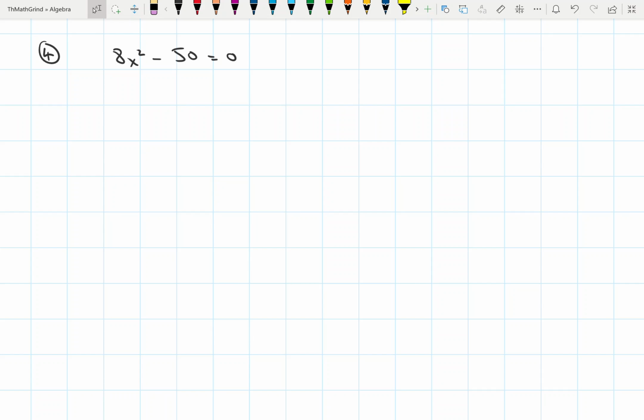If I look at this, it's a negative sign, okay, but 8 isn't easily expressed as a square and 50 isn't easily expressed as a square. So I think to myself, is there a highest common factor there? Well, there is, and the highest common factor is just 2.